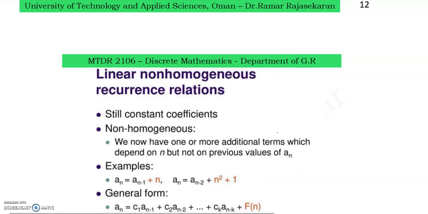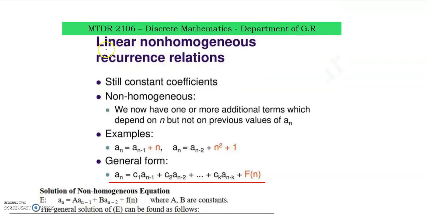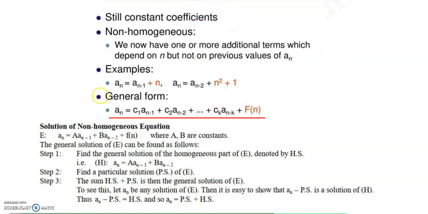Now, we are going to see linear non-homogeneous recurrence relations. What is the general form? a_n = c1 a_(n-1) + c2 a_(n-2) + ... + ck a_(n-k) + f(n), where f(n) is some function.